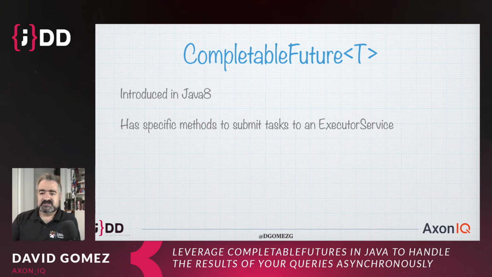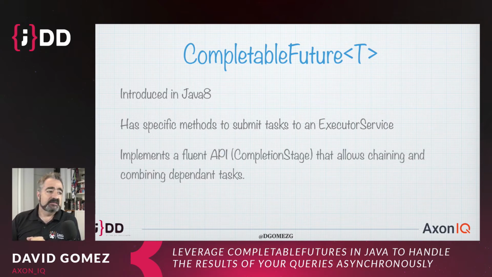Instead of using the executor service to submit this task, completable future has factory methods, static methods, to submit new tasks to an executor service. And more important is that it also implements a Fluent API that allows us to combine, compose, and chain these different tasks when they depend on each other.